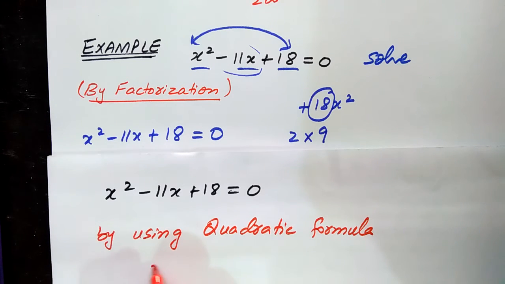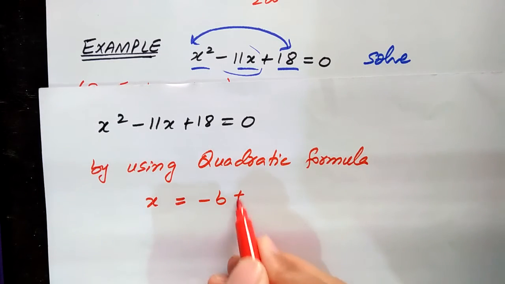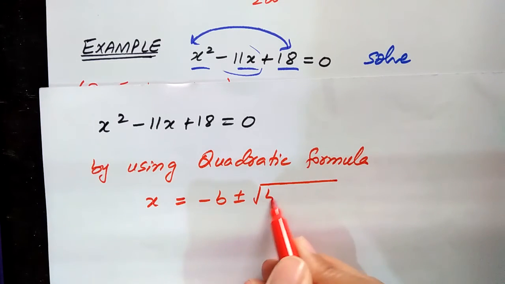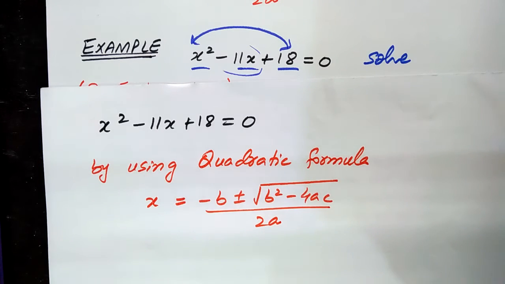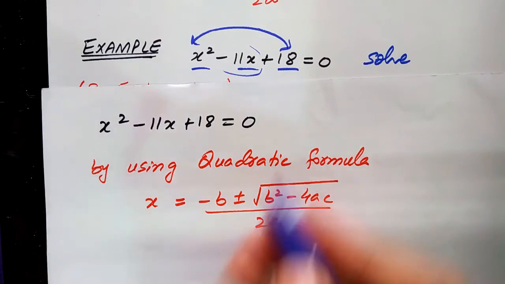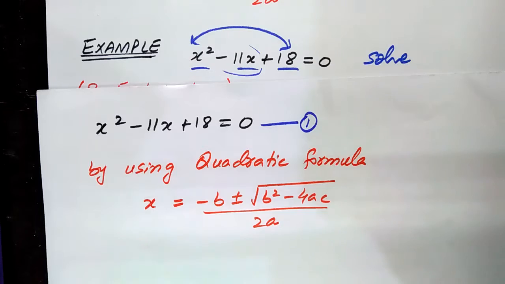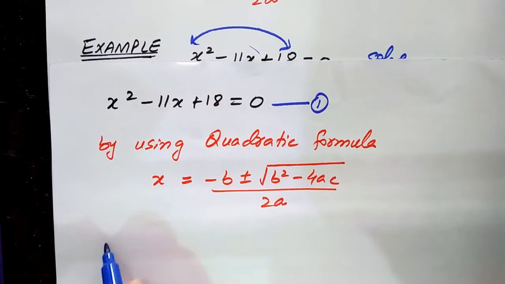And that formula was basically x equals minus b plus minus square root of b square minus 4ac over 2a. Now the question arises: what are a, b and c? Compare this equation 1 with the general quadratic equation.